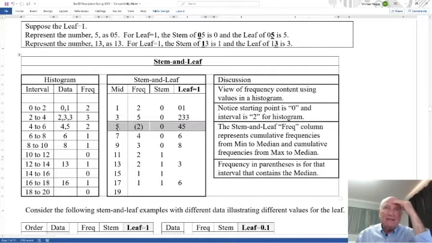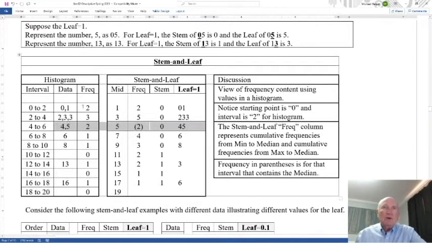Okay, well, the median is in this interval. And there's a frequency of 2 in that interval. The frequency in parentheses is for that interval that contains the median. So this interval here contains the median. The frequency of that interval is 2 because there's 2 numbers. See the frequency, that's just the 2.